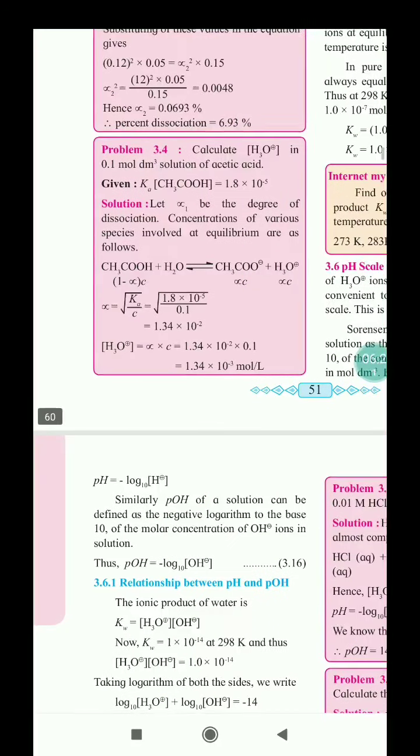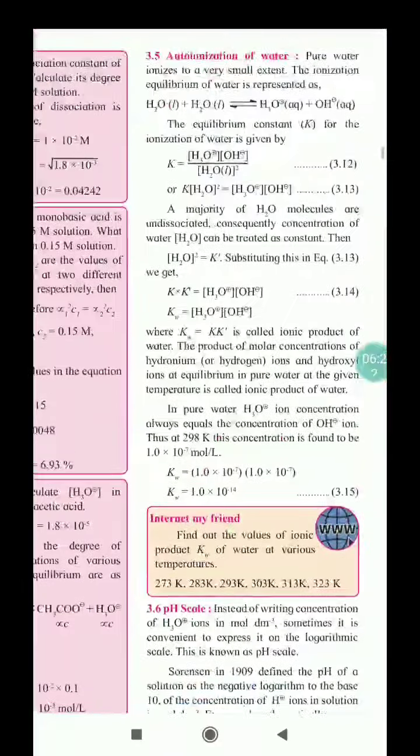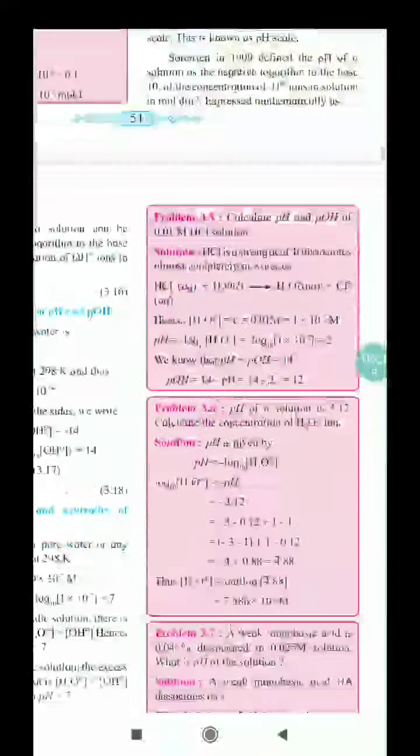But here minus log of hydronium ion is equal to pH, plus minus log of OH negative ion is equal to pOH, and is equal to 14. So the relation between pH and pOH is equal to 14.